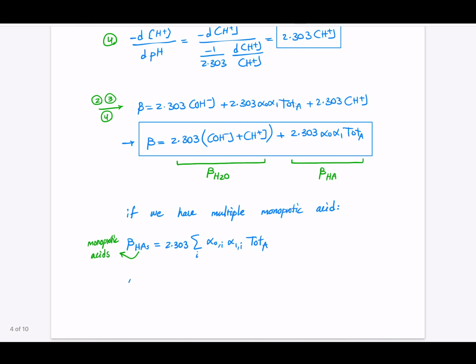Or in general, if you have any acid, then the contribution of all kinds of acid is basically the sum of the individual contributions of acids.